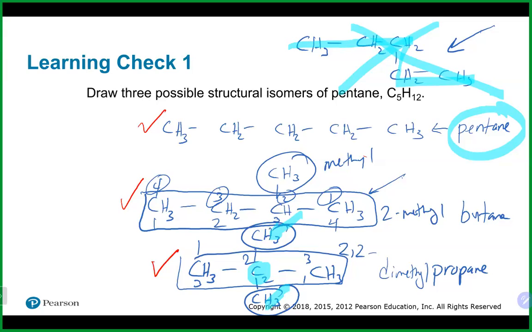The one on top would also be called pentane, right? Which is the same as this guy, which means they cannot be isomers of each other because they're the same thing. In order for them to be different things, they would have different names.